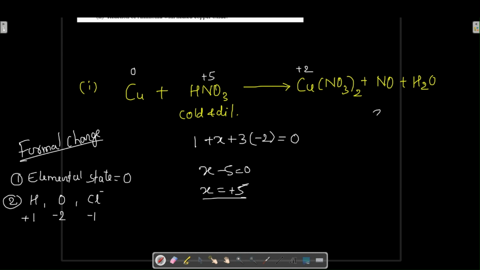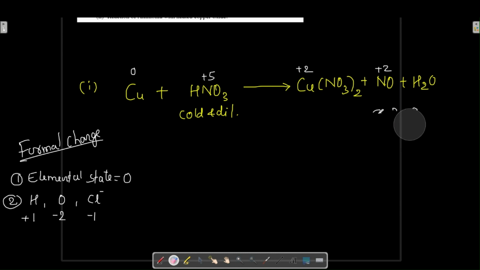Come to NO. N I will consider X. Oxygen minus 2, total 0. X is equal to plus 2. So it has changed. Don't consider water. Because one should undergo oxidation, another should undergo reduction. Now we should know how to identify which is oxidation and which is reduction. Increase in formal charge is oxidation.